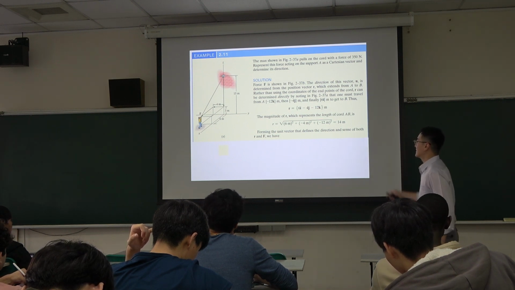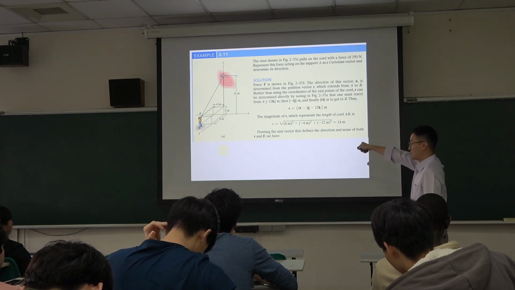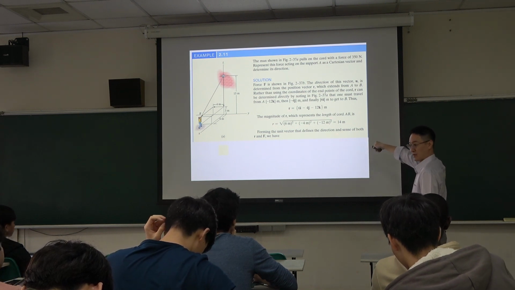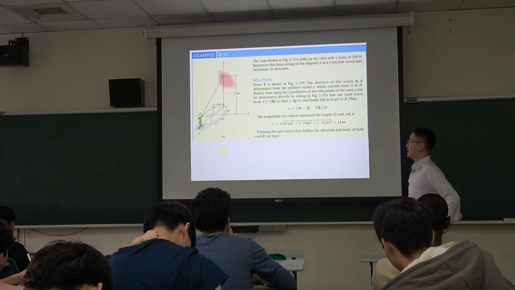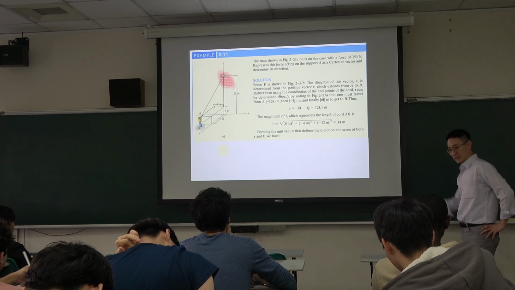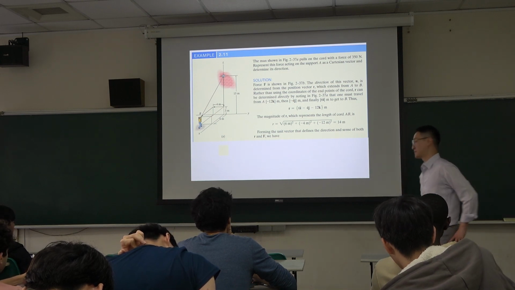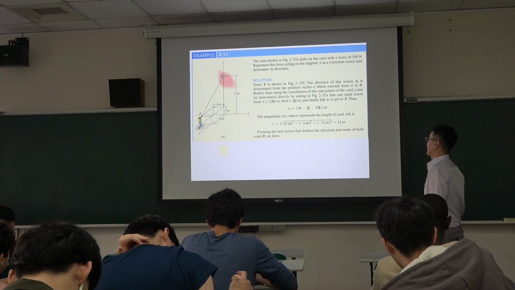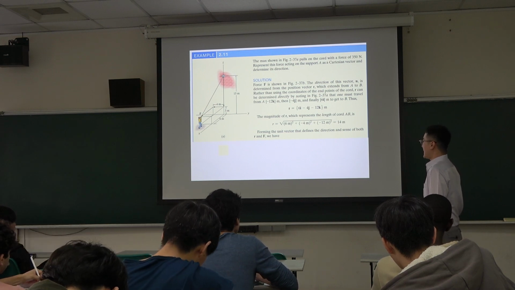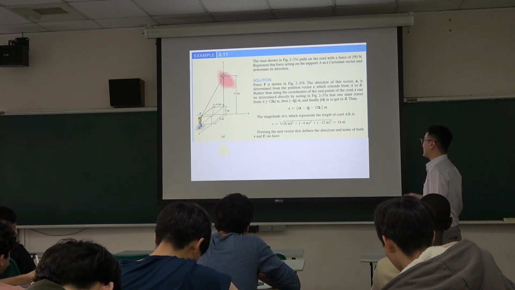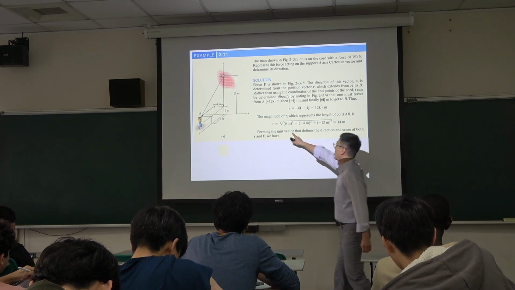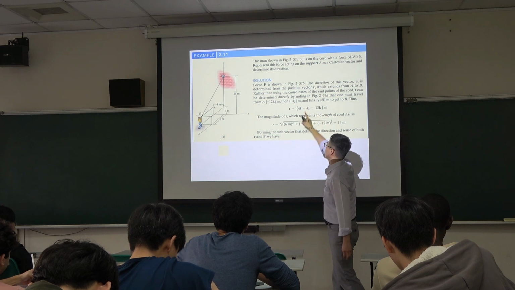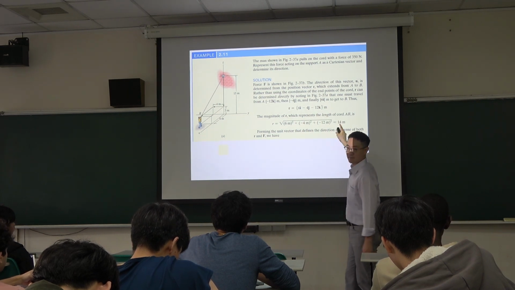And its magnitude we can work out using this equation. Okay, so its magnitude is 14. So 14 means distance. Okay, distance. Okay, and for a unit vector, we can use vector divided by magnitude.